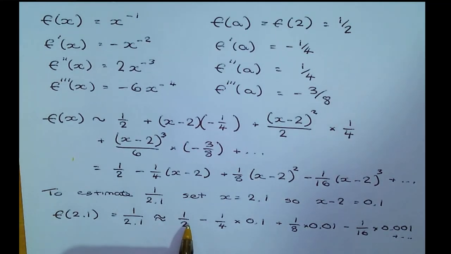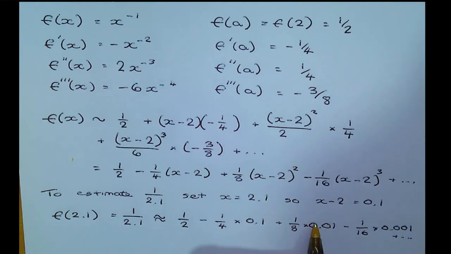But then 0.5 minus 0.025, getting smaller, plus 0.00125. Every term gets smaller really quite rapidly.